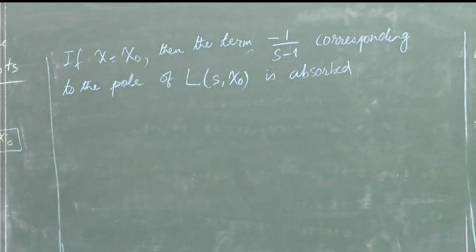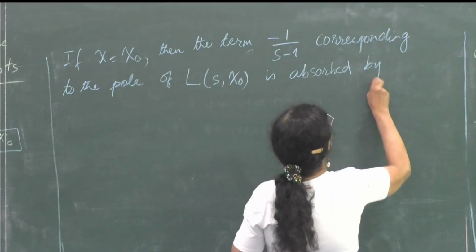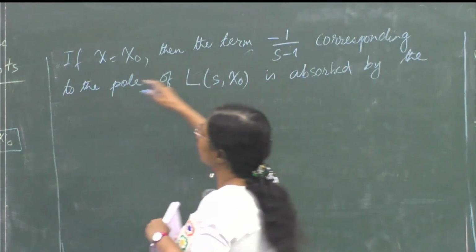But I could also have written it as L prime by L. I could still have written it by L prime by L. So this is absorbed by whom? By the error term. This is my error term.